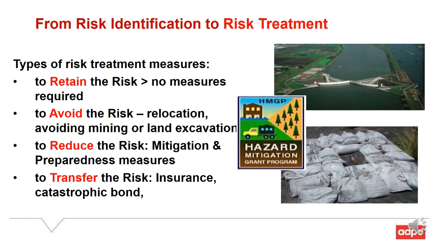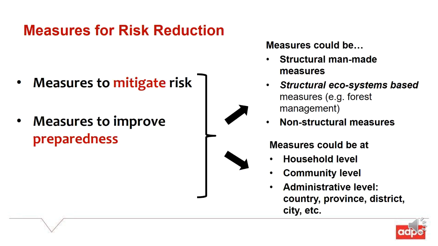From risk identification to risk treatment, the types of risk treatment measures: to retain the risk, no measures are required; to avoid the risk, relocation, avoiding mining or land excavation; to reduce the risk, mitigation and preparedness measures; to transfer the risk, insurance, catastrophe bonds, etc. Measures for risk reduction include measures to mitigate the risk and measures to improve preparedness.